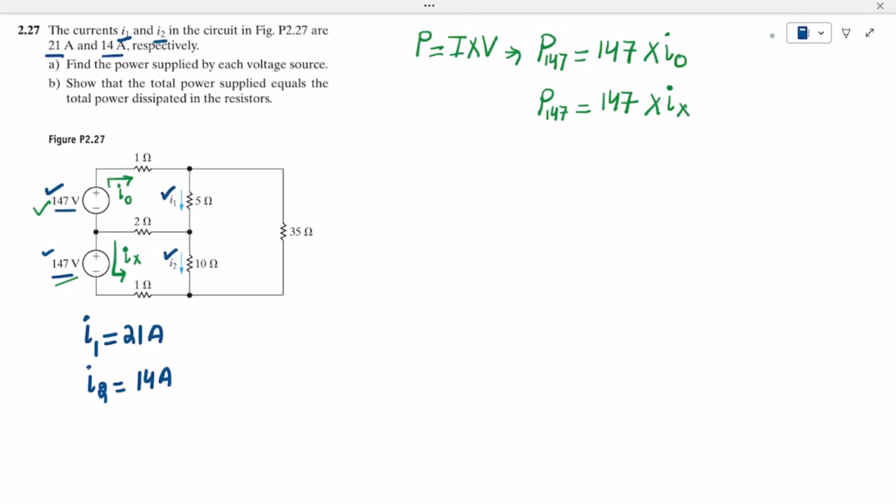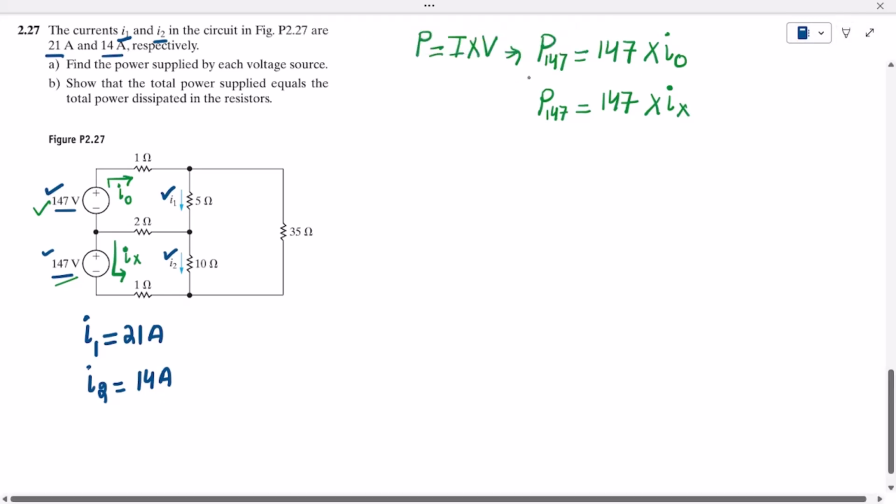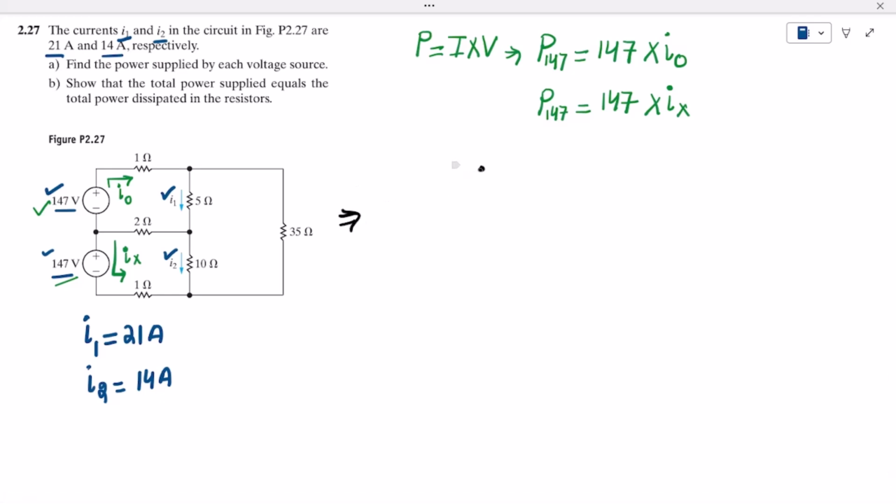Now let me solve it, using another color. Let me draw the circuit. This is the resistor: this is 35 ohm, this is 5 ohm, this is 10 ohm, and this is the voltage source.